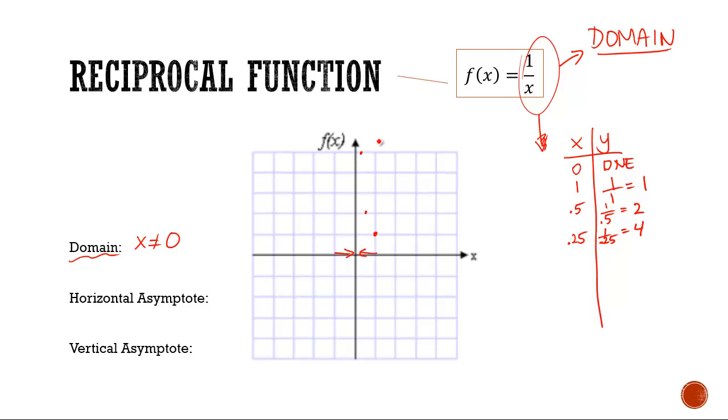So what do you think is happening? What if x is 0.001? Well, 1 over 0.001 is 1,000. 0.000001 is going to get even bigger. So you can see that as x approaches 0 from the positive side, f of x is actually going towards infinity, isn't it?